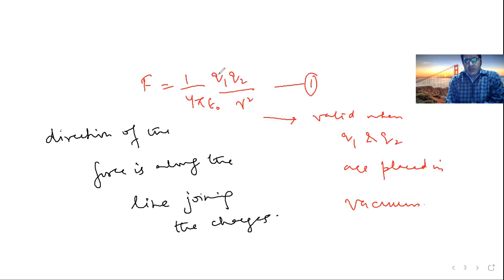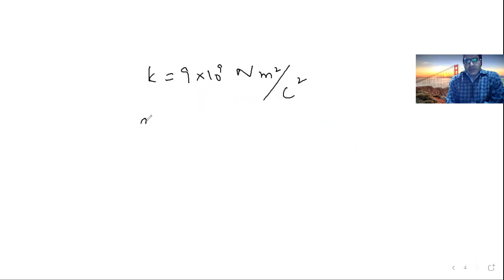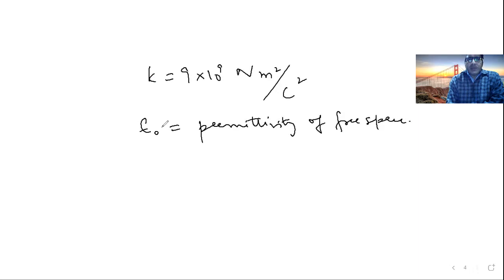Q1, Q2 will be in units of coulomb square, which go downstairs, so it will be Newton meter square per coulomb square, right? This epsilon naught is always called the permittivity of free space, right?